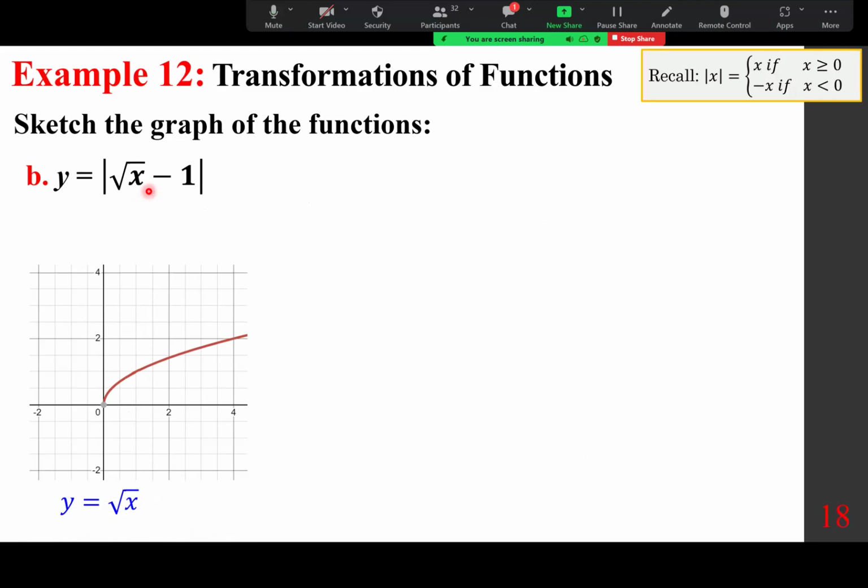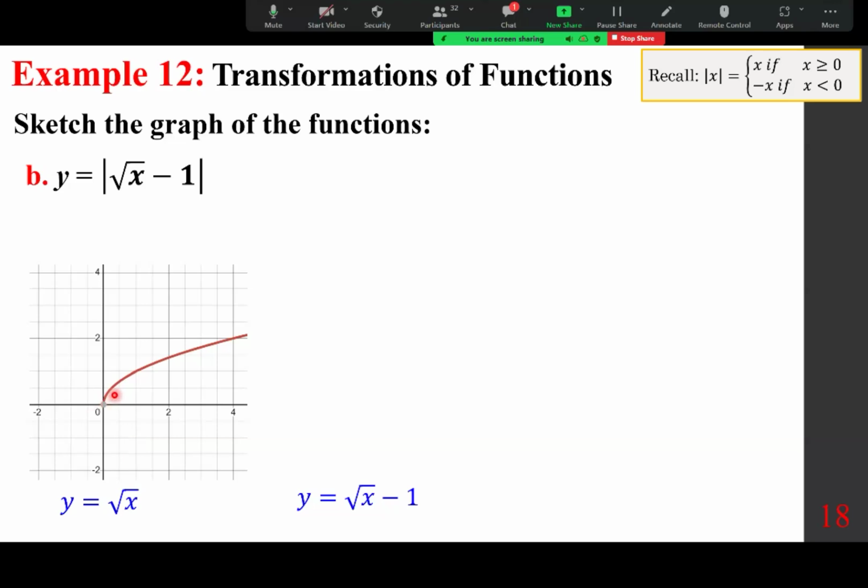We are going to graph this without paying any attention to the absolute value. So we are graphing square root of x minus 1, which means this one shifts down by 1 unit because it's negative. Same graph, bring it down by 1 unit.